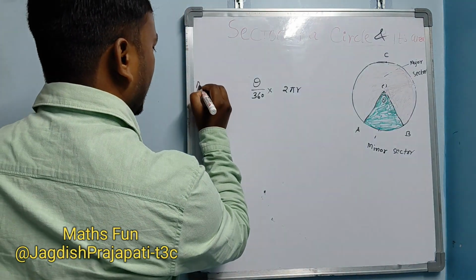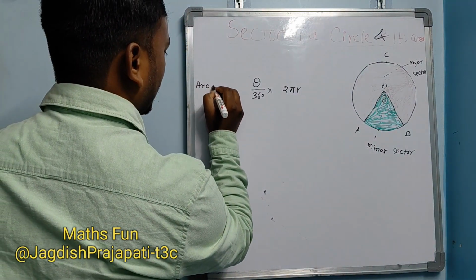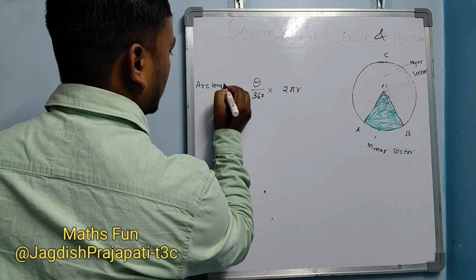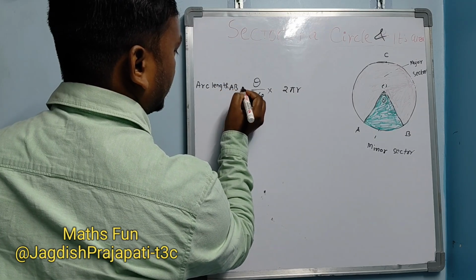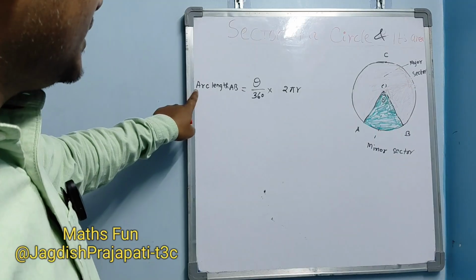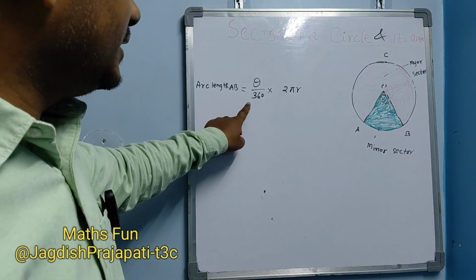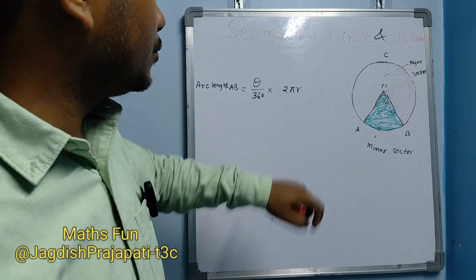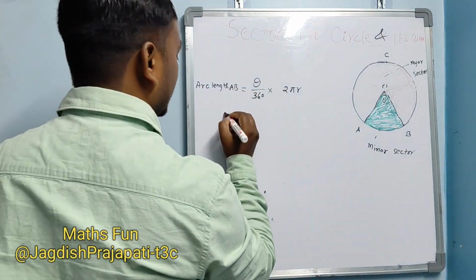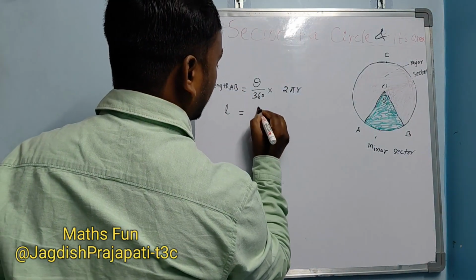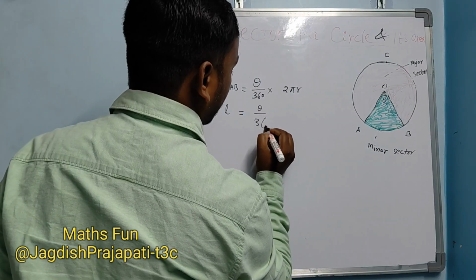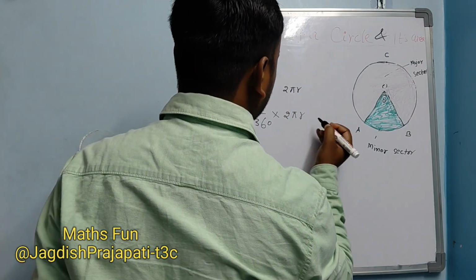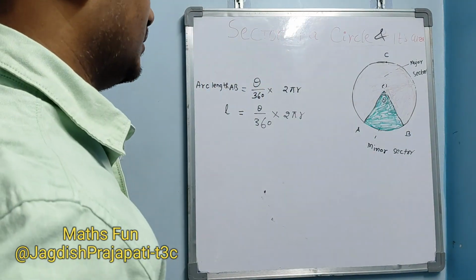So arc length AB, or you can also write length of arc AB, will be theta by 360 into 2 pi r. For the sake of simplicity, let us say this is L. So theta by 360 into 2 pi r, which is the circumference of the circle.